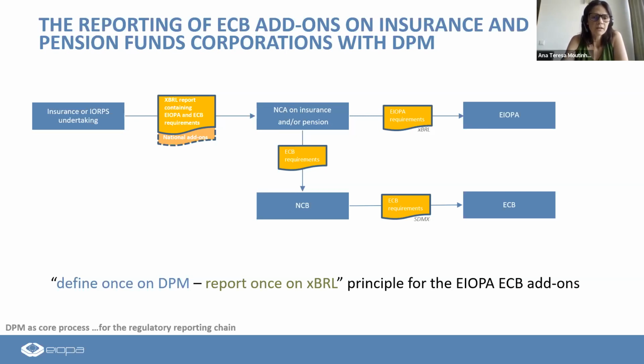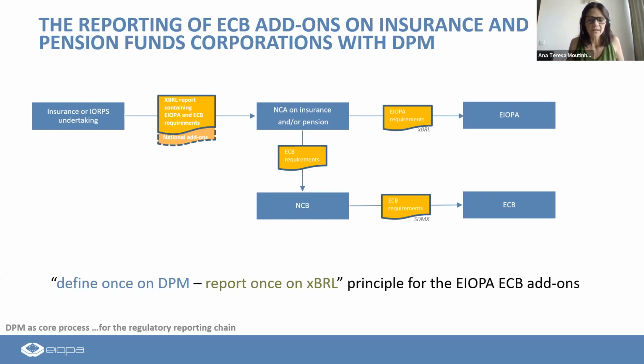But if not, it's then up to the national competent authority to report back to the national central bank, report to EIOPA, and then the national central bank to the ECB, using one single submission from the market. And this at the end, of course, also means that both EIOPA and ECB have fully comparable information, and information on which we can exchange views and knowledge, because of course it is the same.